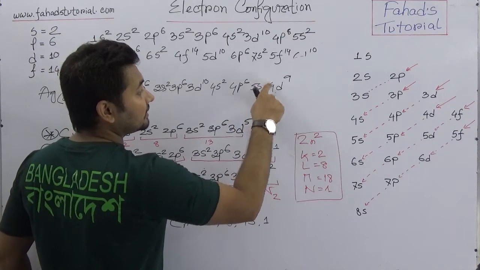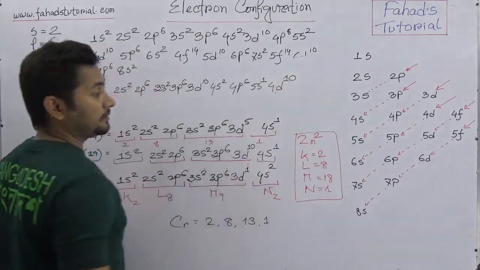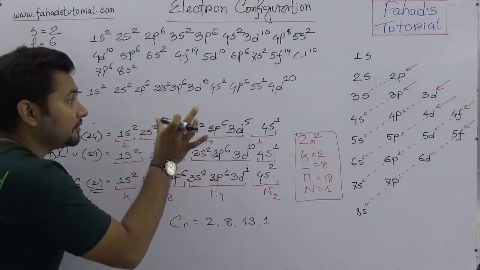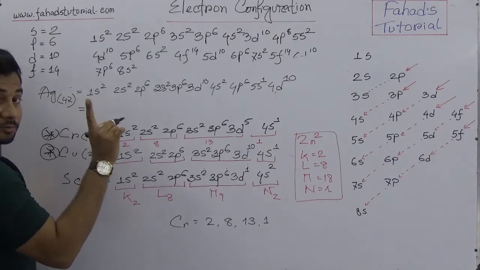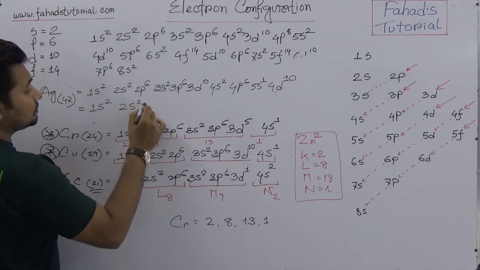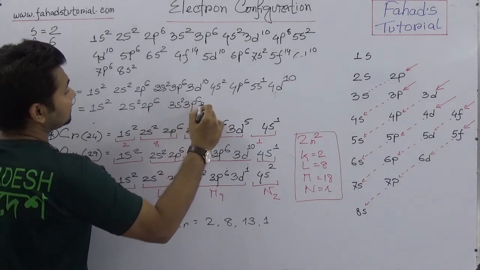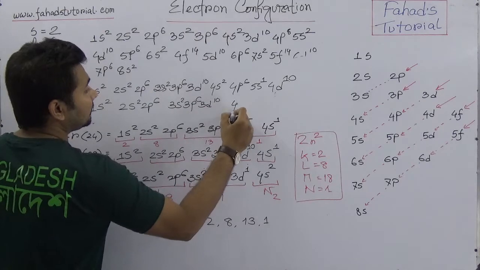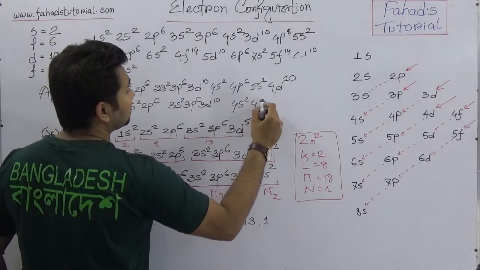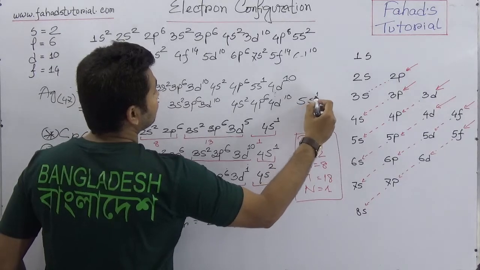We need to say that this one would be 5s1 and 4d10. So the electron configuration would be again 1s2, 2s2, 2p6, 3s2, 3p6, 3d10, 4s2, 4p6, 4d10, and 5s1.